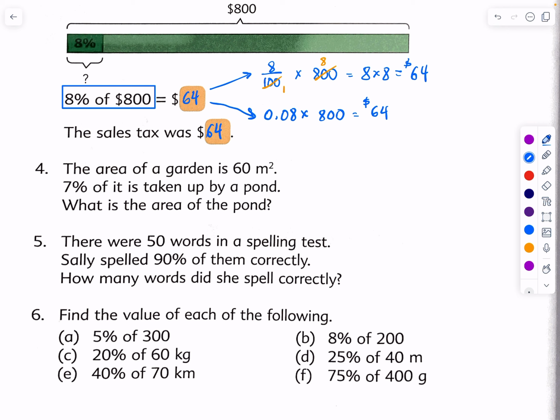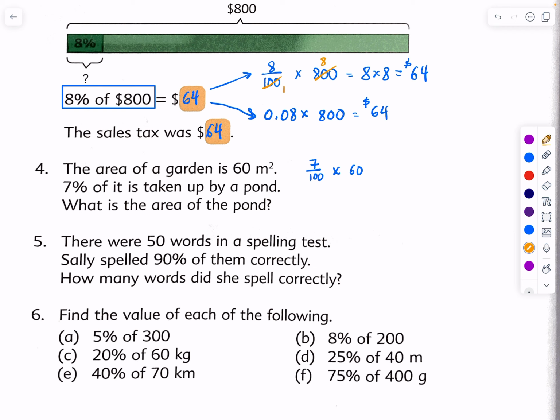The area of a garden is 60 squared meters. 7% of it is taken up by a pond. Okay, what area is taken up by a pond? Well, we know majority of the garden is probably garden and plants and vegetables, but 7 out of 100 equal parts of 60 is taken up by a little pond.